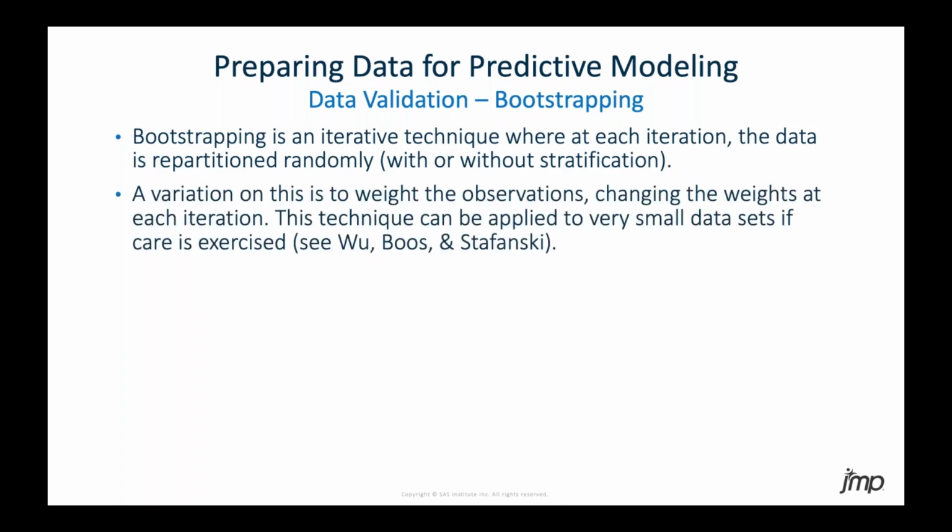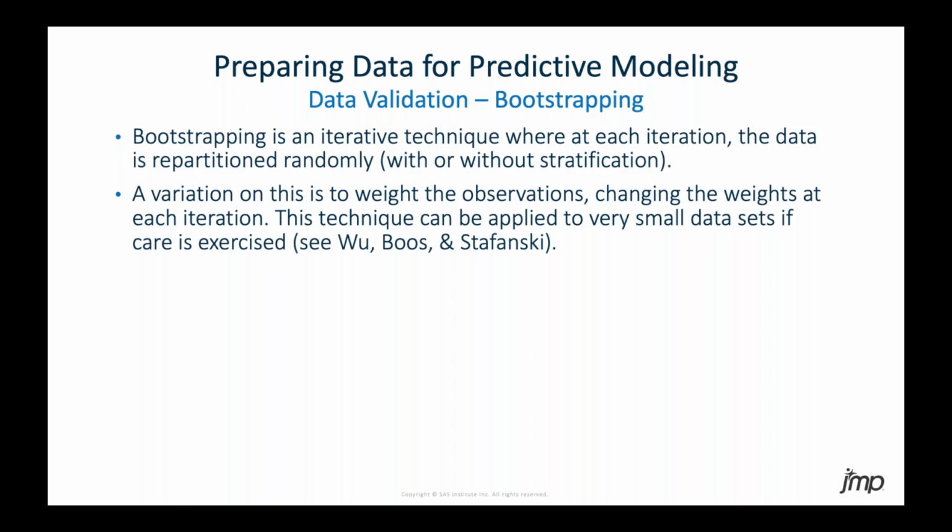One variation on this is to weight the observations, changing the weights at each iteration. Now, I can't go into a lot of detail on how this is done and why this is done, because the weighting schema in this particular case is particular. And I will reference this paper. I do reference this paper at the very end of my talk.